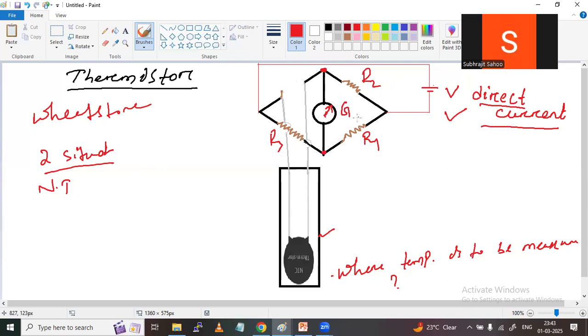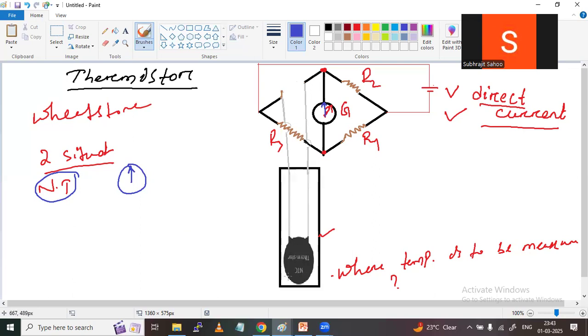The galvanometer will show zero reading, that is, null deflection. So when the temperature is normal, G is at the null position.